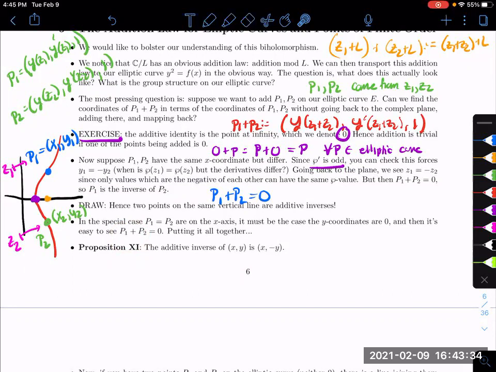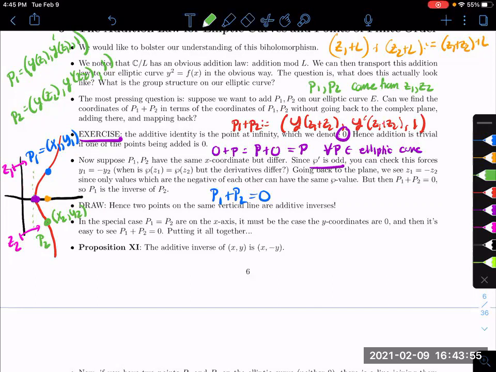Okay? So in all cases, 2 points on a vertical line are additive inverses of each other, even if those points are the same point. You can view this vertical line here through the purple point as like a vertical tangent line to the curve.